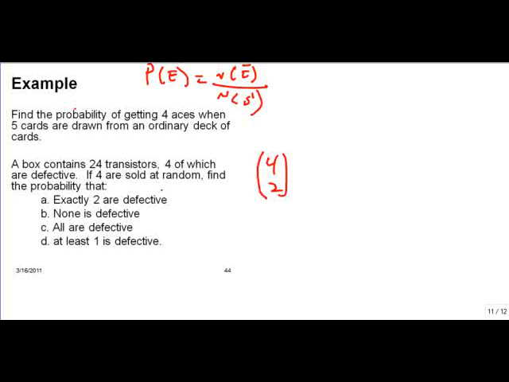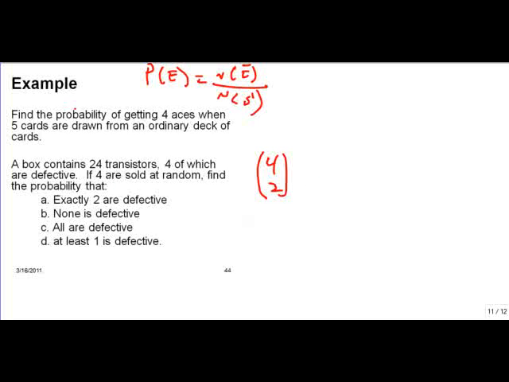So if we're going to choose 2 that are defective, and we're going to pick 4 of these transistors total, then we must have 2 transistors that are good.